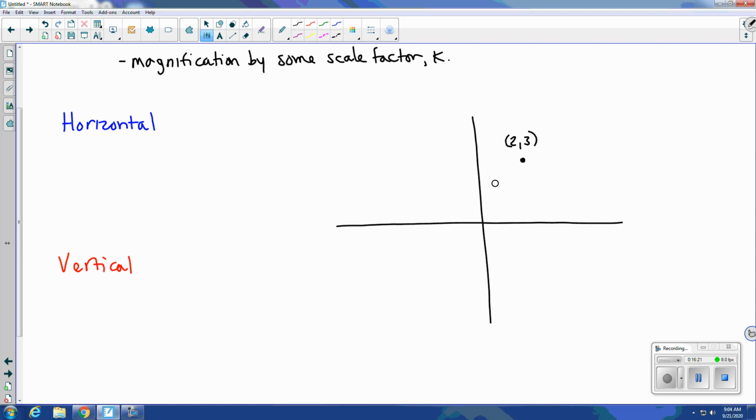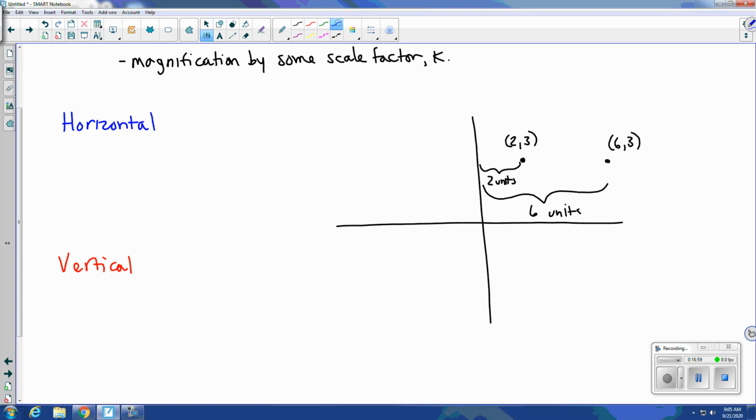So in the event of an expansion, let's say I want this point to be 3 times as far from the y-axis as it currently is. In this current position, it is 2 units away. If I want this to be 3 times the distance, then I need to bring this point out to 6, 3, because that would be 6 units away. So what operation must I perform to get from that 2 and dilate it out to that 6? You have to multiply by 3.